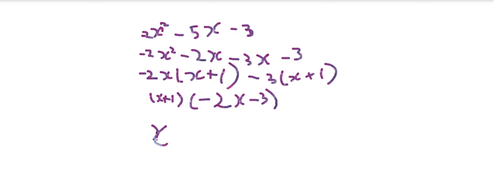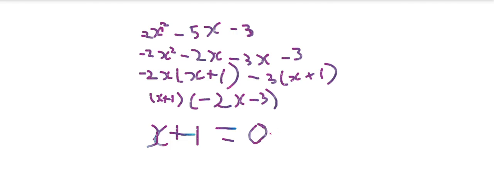You know that the maximum power is 2, so there should be two solutions. So for the first solution, we would take one bracket, x plus 1, and make it equal to 0.